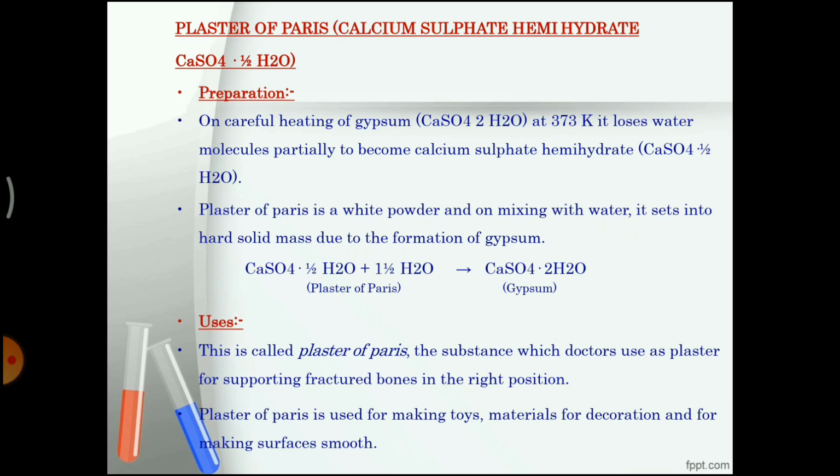See the uses. Doctors use plaster of Paris for supporting fractured bones in the right position, and it is also used for making toys, materials for decoration and for making surfaces smooth.